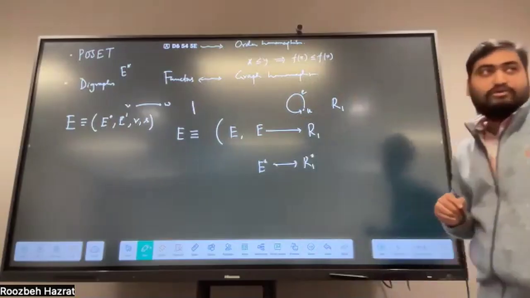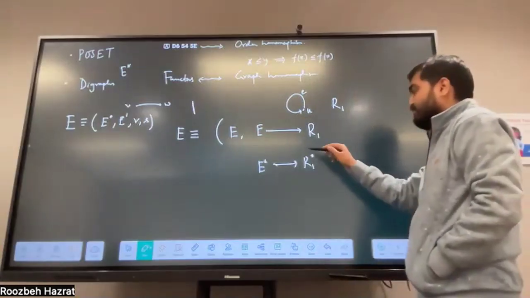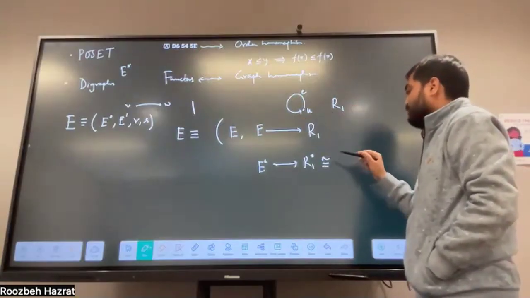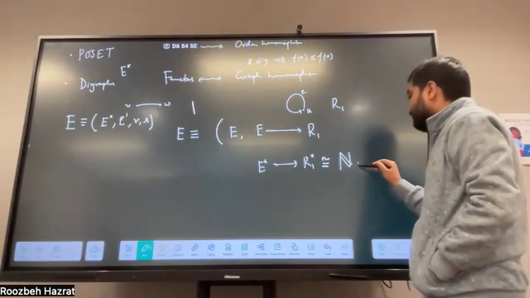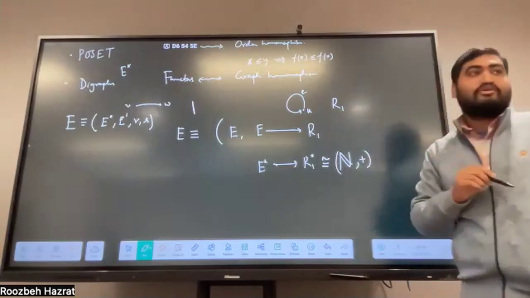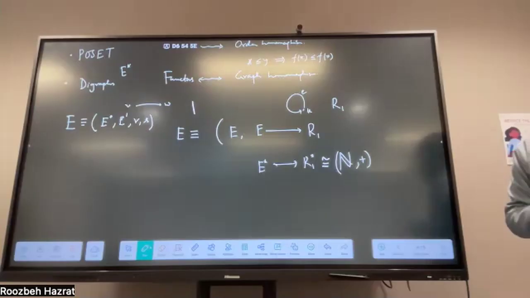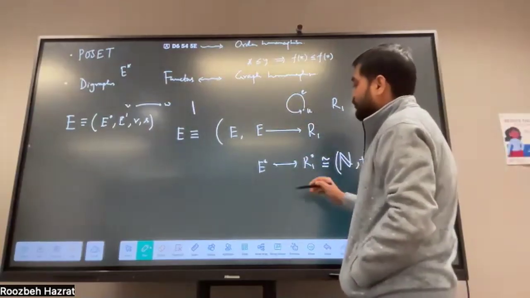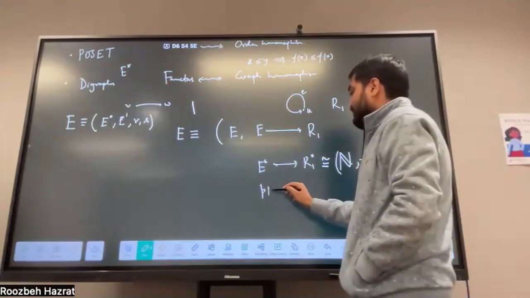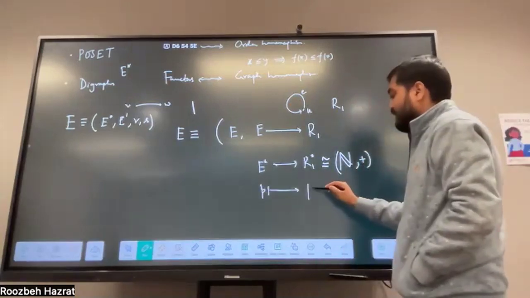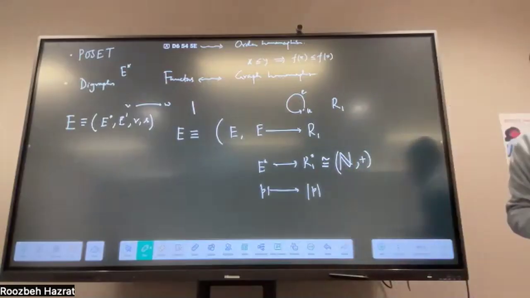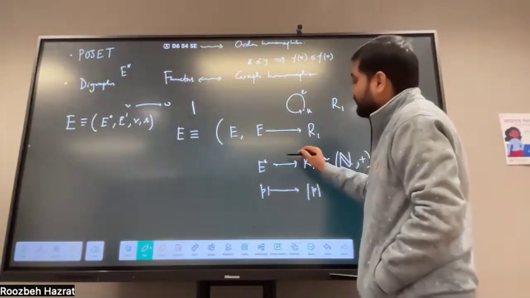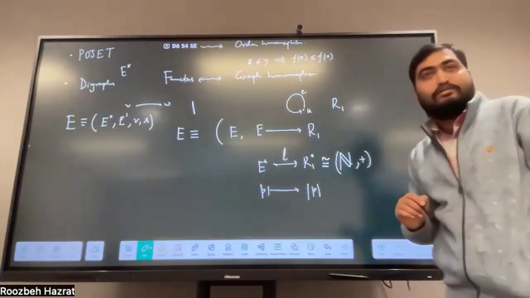A moment's thought will imply that this R1 star, this category of all finite paths of the rose graph, is isomorphic to this monoid N viewed as a category, right? And this functor, which is induced by this unique graph homomorphism, is nothing but the one which assigns each path its length, right? So in the language of category theory, this is the length functor L.